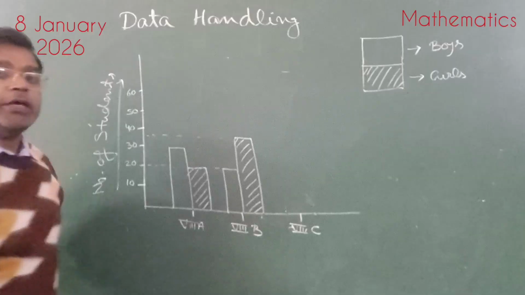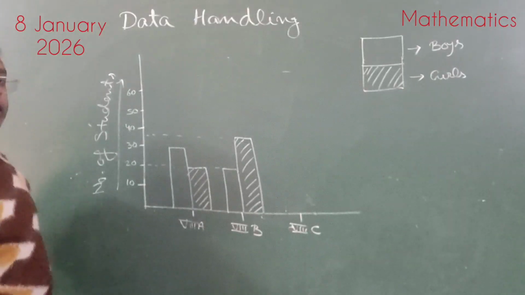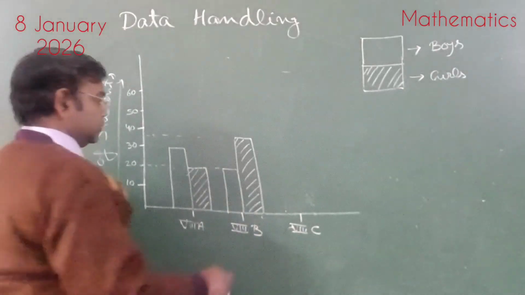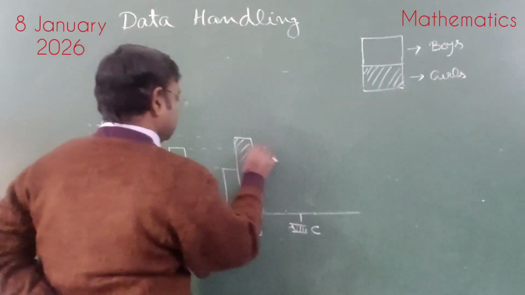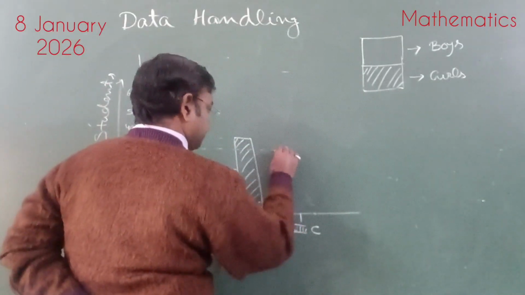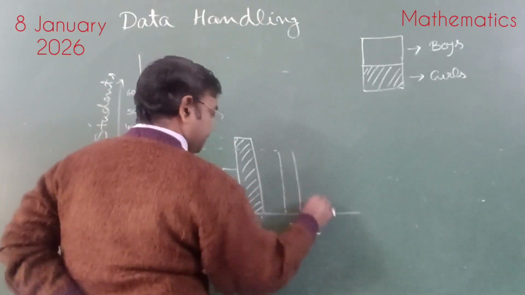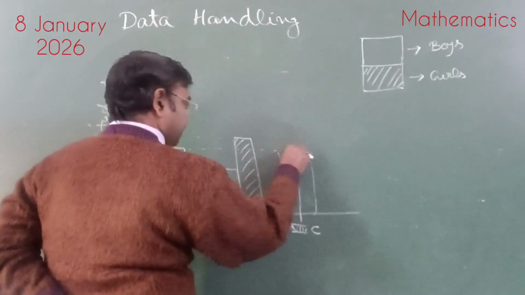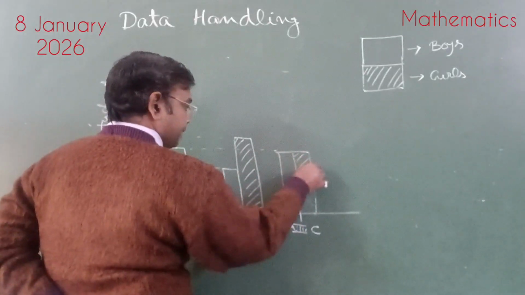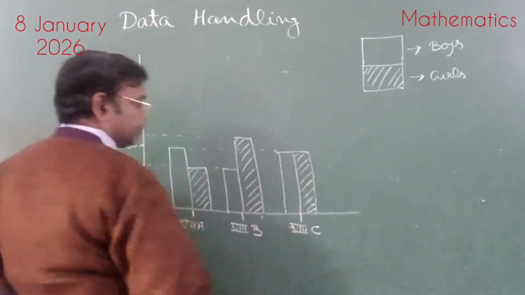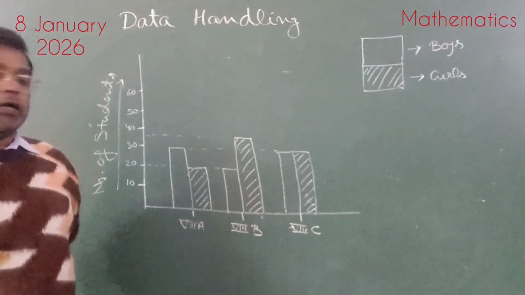In 8C, they are equal in number, 30 and 30. This is your double bar graph.